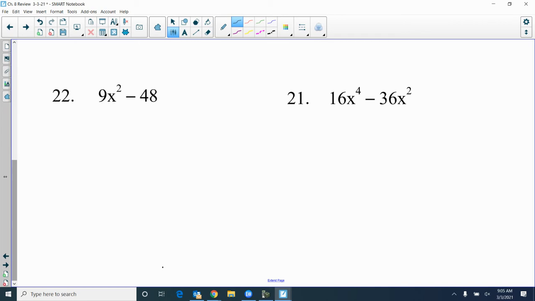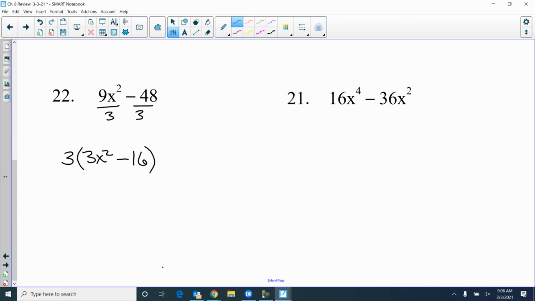Good. So everything is getting divided by 3. 9x squared divided by 3 is 3x squared. Negative 48 divided by 3 is 16. Now, I have 3 times 3x squared minus 16.